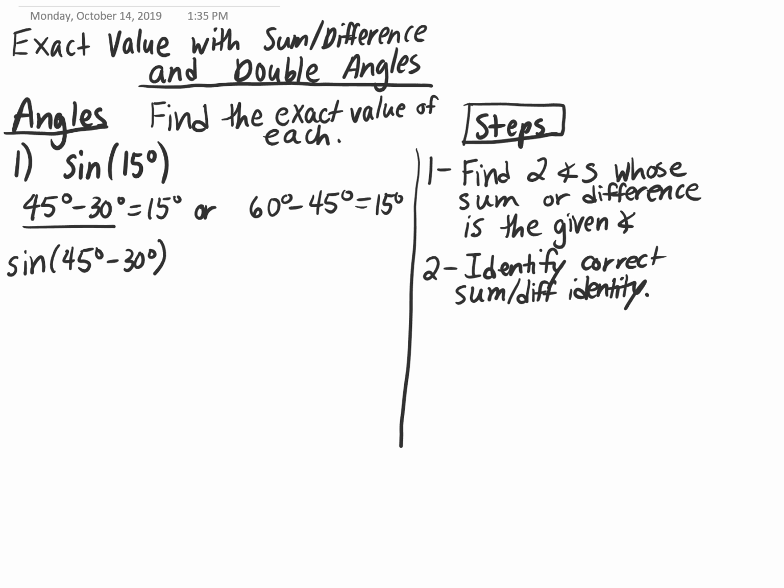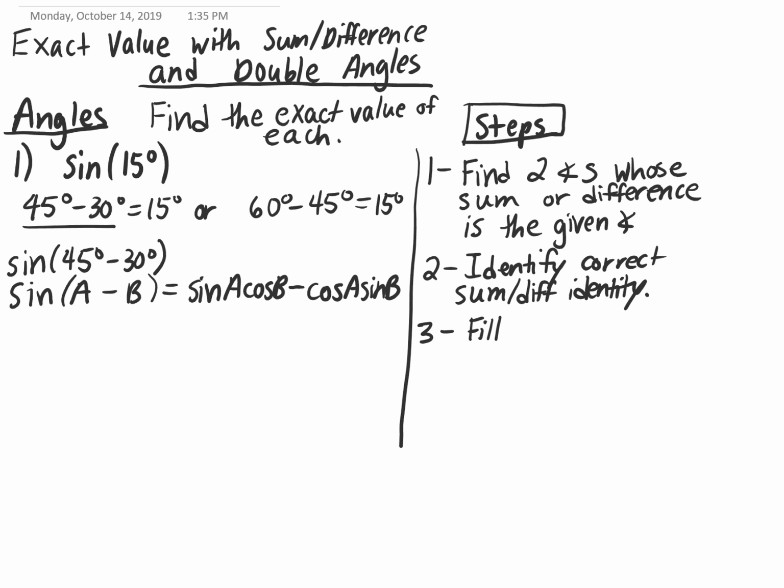So in this case, and this isn't something you necessarily need to write out, this is something more you can think about. This would be sine of A minus B is equal to sine A cosine B minus cosine A sine B. I think most of the time as you're writing that out, you'll probably fill the angle in. So our second and third steps, you'll probably do together, is to fill the angles into the formula.